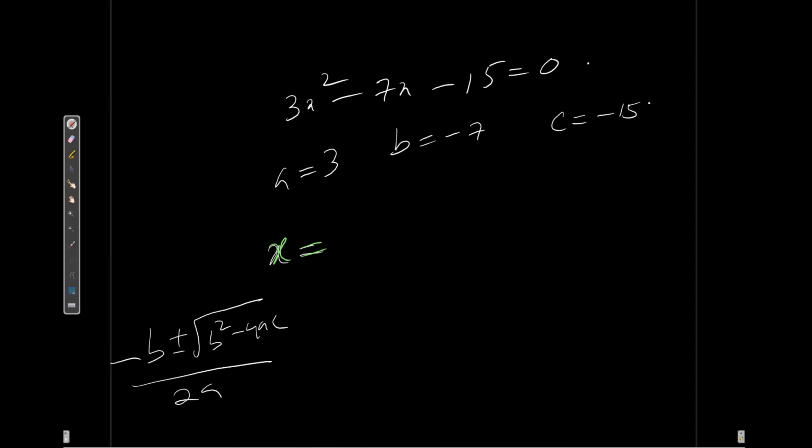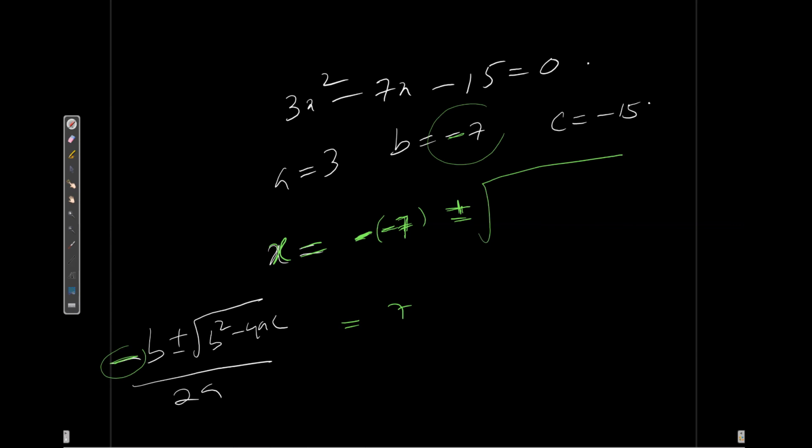Now negative b, b is already negative, so it's positive 7, plus or minus. See, one common mistake is right here. When you write here, students tend to write just negative 7. No, it's positive 7. The negative is the negative that's in the formula, and then your b itself is negative.